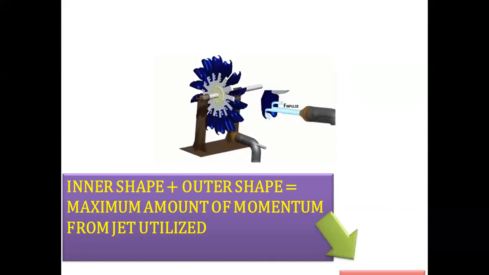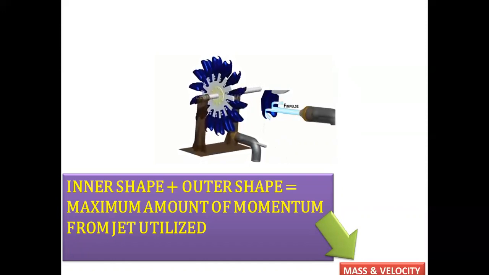Momentum is nothing but mass into velocity. Whatever the mass coming out from the nozzle, whatever the velocity, the speed and mass. Speed is nothing but the velocity of water, that is, per second, how much distance it has covered. That is the velocity of water.